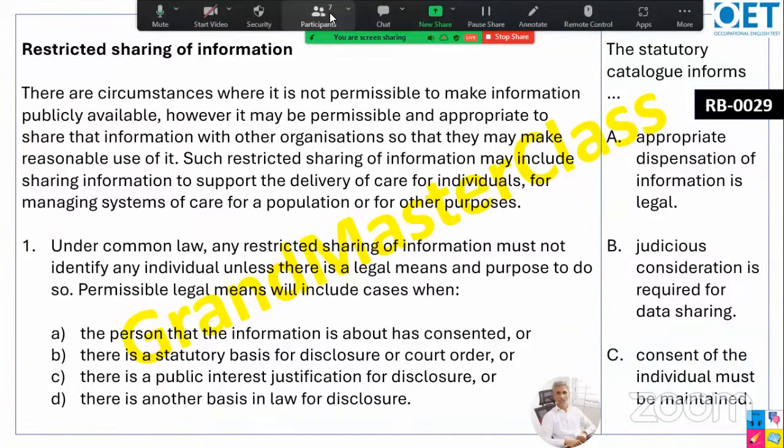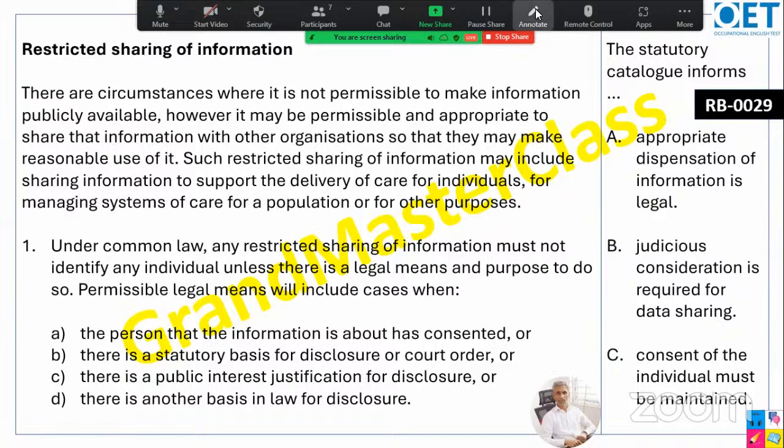Not Neha, what is her name? Jansi. Sir, here the answer is, sir. However, it may be permissible and appropriate to share the information with other organizations, so they may make reasonable use of it. And the answer is stating appropriate dispensation of information is legal. Here it is given that it may be permissible and appropriate to share the information.